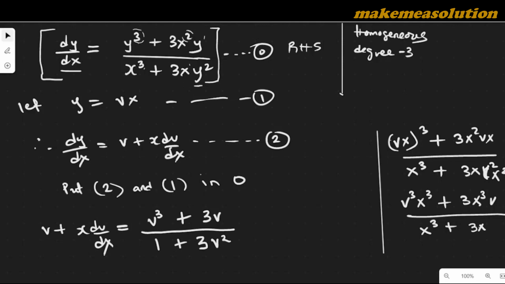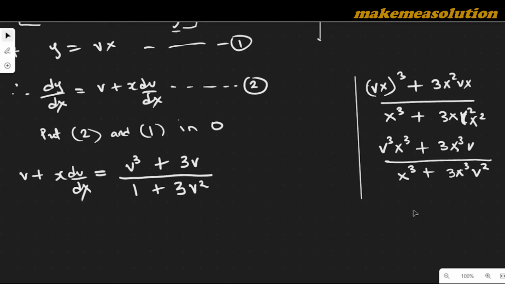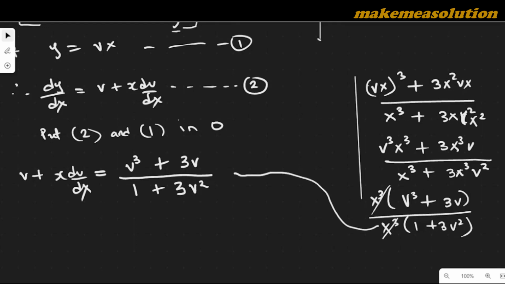Now you discover that x cubed can be factored out, and you get v cubed plus 3v all over x cubed into 1 plus 3v squared. The x cubed cancels, and you can see that this is just equal to the earlier result.